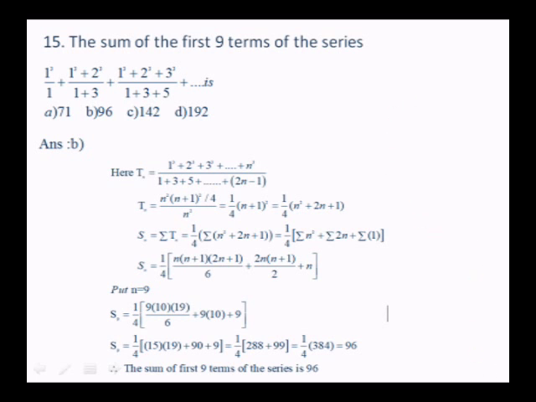So put n is equal to 9, then you get S9 is equal to 1 by 4, 9 into 10 into 19 by 6 plus 9 into 10 plus 9. So on simplification, you find that S9 is nothing but 1 by 4 into 384, that is 96. So sum of first 9 terms of the series is 96.